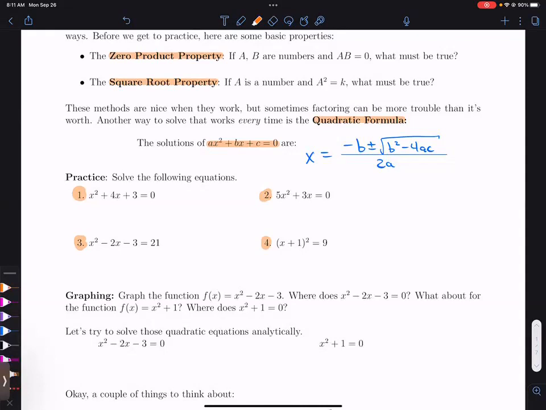So I would add first, treat the top as though it's in parentheses. Yeah, −2. Yep. Good.